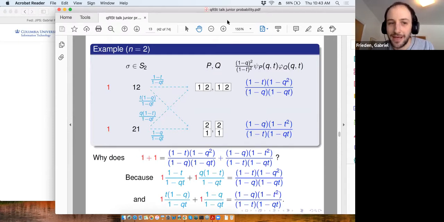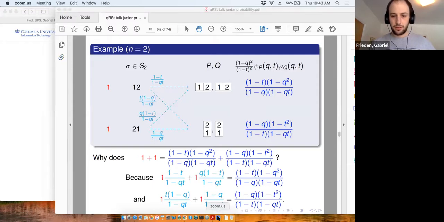Is it possible for me to annotate? Well, I don't see how to annotate in here. Maybe if I go here. All right. Well, I guess I'll just try to say what I mean.